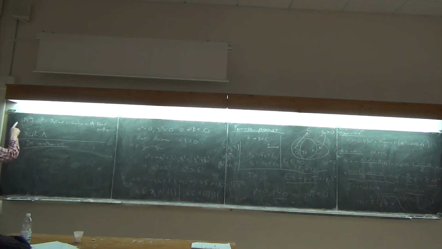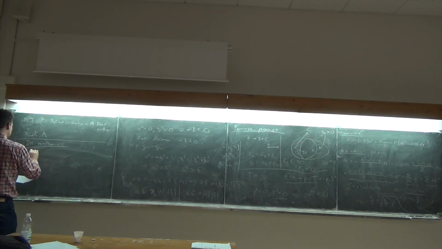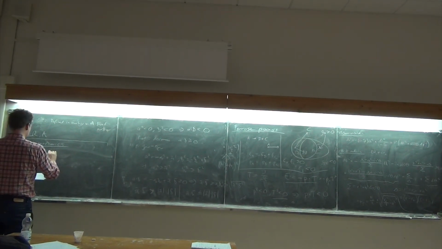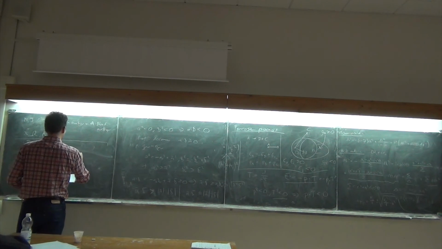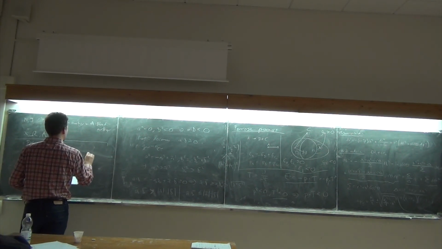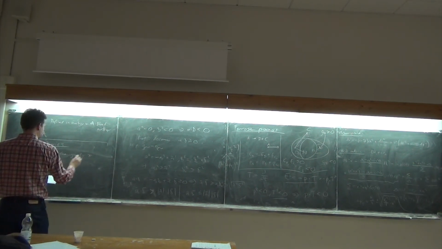We defined these 5 parameters for black holes, and then we have some laws for these. So there's a zeroth law, namely that the surface gravity is constant on the event horizon.